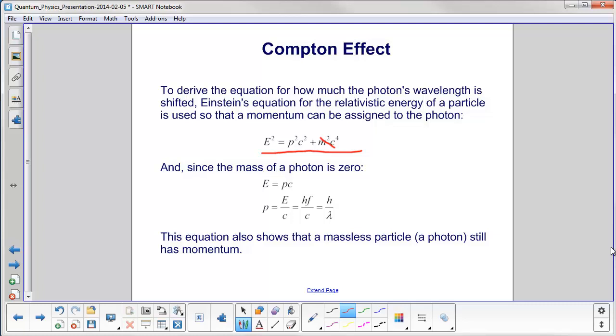What's really interesting about that is we have a massless particle now that has momentum. And if you recall from mechanics, momentum for mechanical objects, large objects, was described as mass times velocity. And yet here we have a photon with no mass, but it does have momentum.